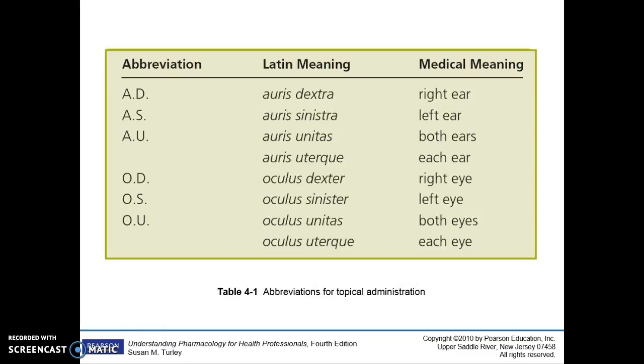And right here we've got left, right, and both. You can see that the D, the S, and the U are what determine which one it is: left, right, or both. So I came up with a little jingle almost, to keep track of which ones are which.